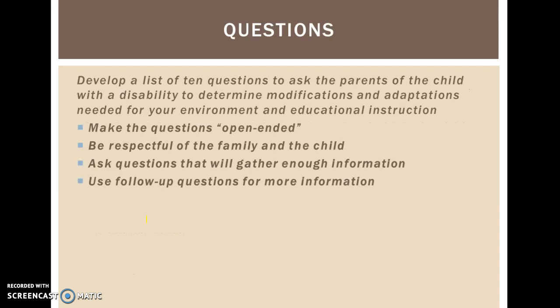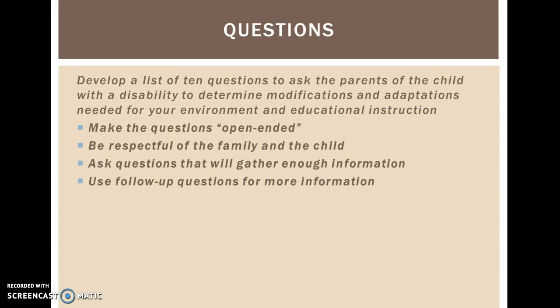So first off, you need to develop a list of 10 questions to ask the parents. Now, this doesn't have to be limited to 10. It could be more than that, but I'd like at least 10. You want to think about these questions in terms of being open-ended, so you want them to be questions that will give you the most information.